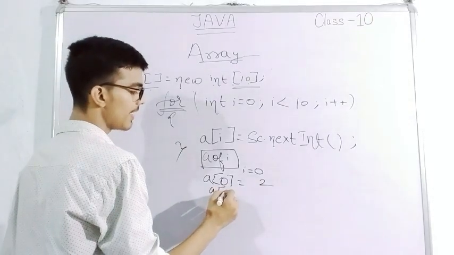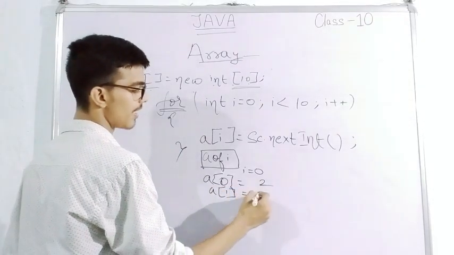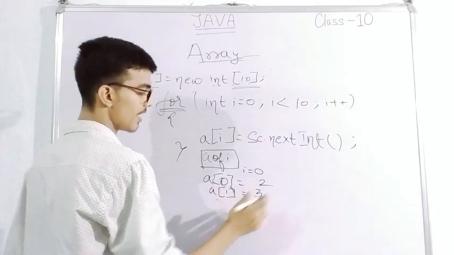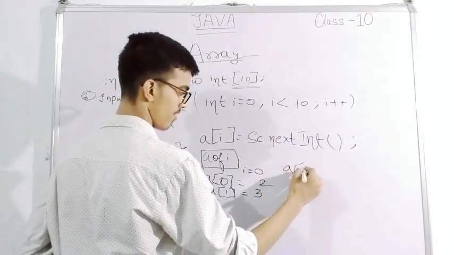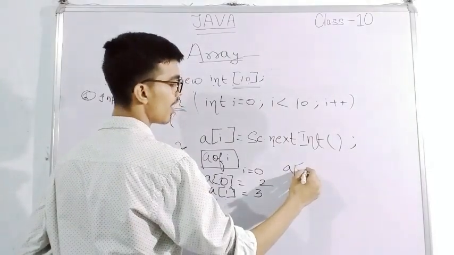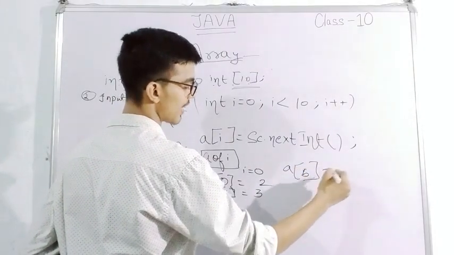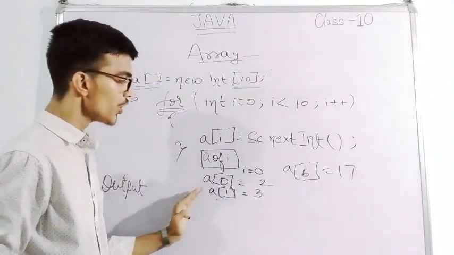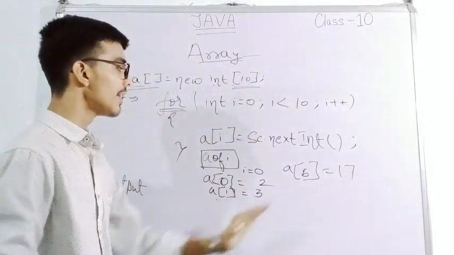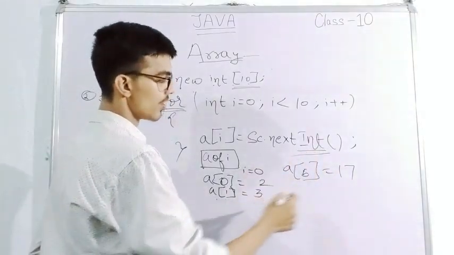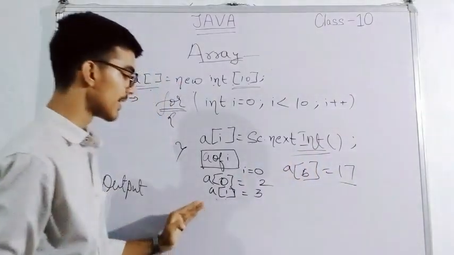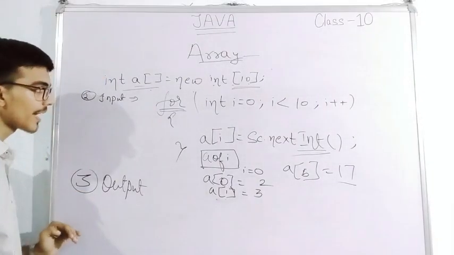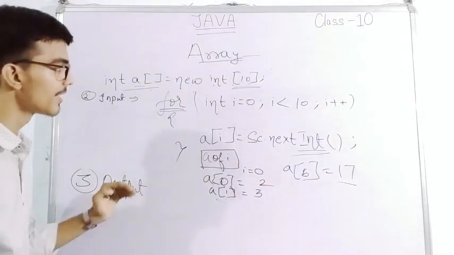When i will be 1, it will take 3, and so on, it will take one value each time. So these are all in integer form, so we call it a one dimensional array.